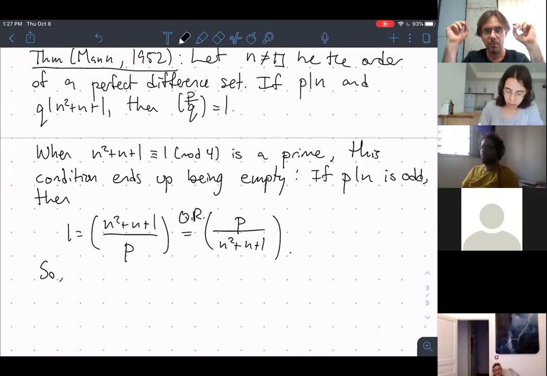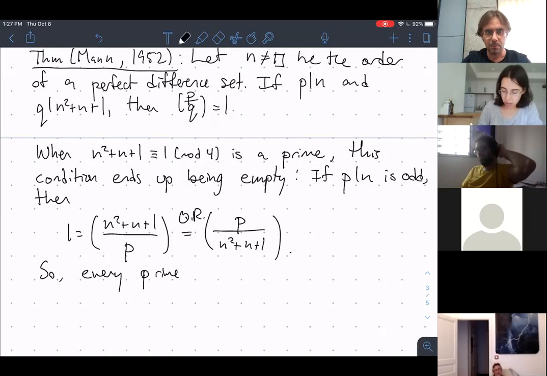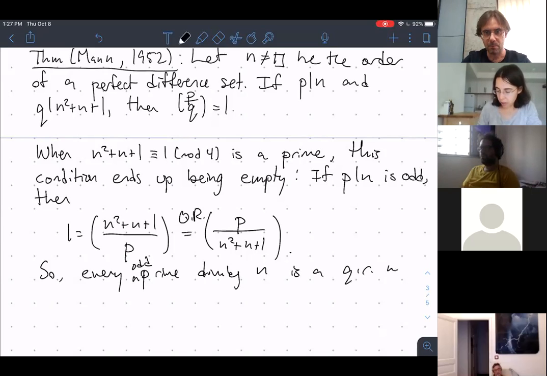So every odd prime dividing n is a quadratic residue mod n squared plus n plus 1 in this case. And so Mann's theorem just doesn't give us anything.